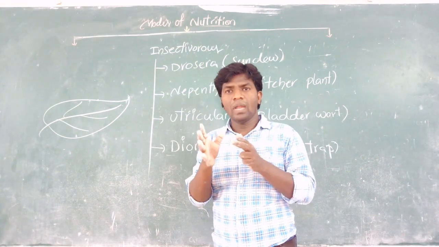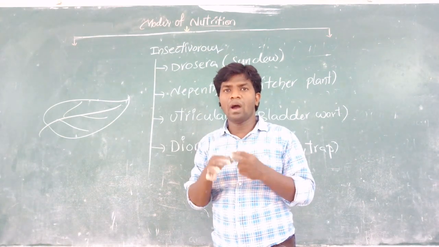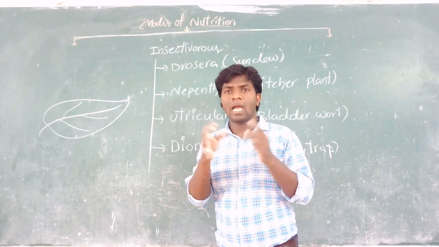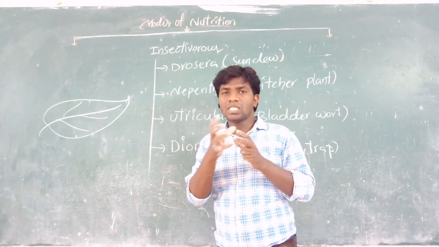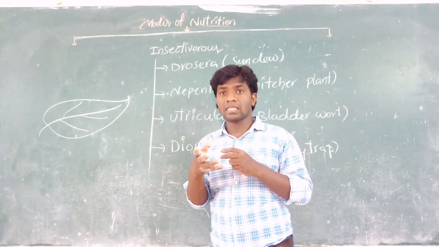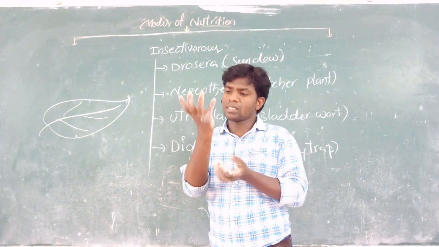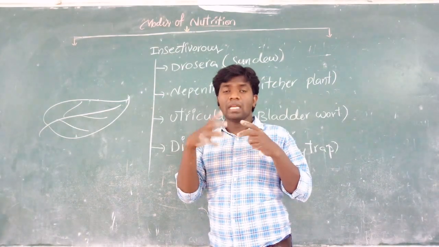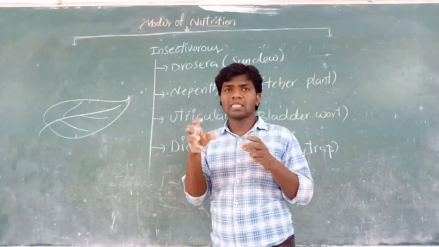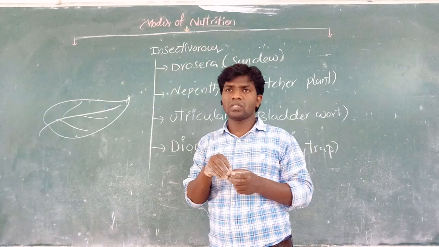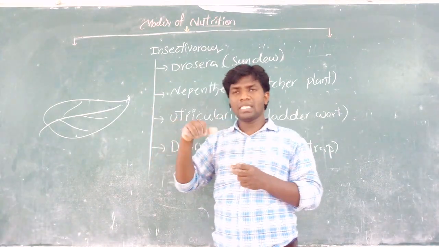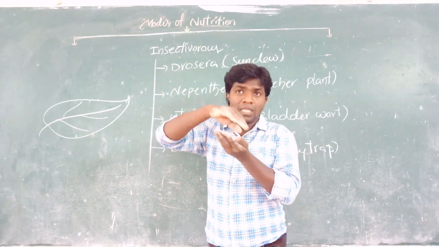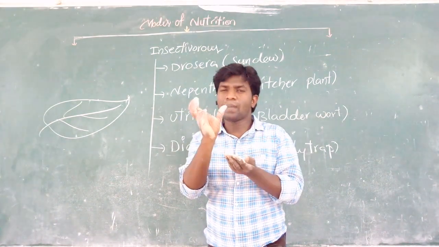The passive plants have a pitfall mechanism, having some kind of jar-like or pitcher-like structures. When insects land on these plants, the surface of the leaf has a slippery substance.